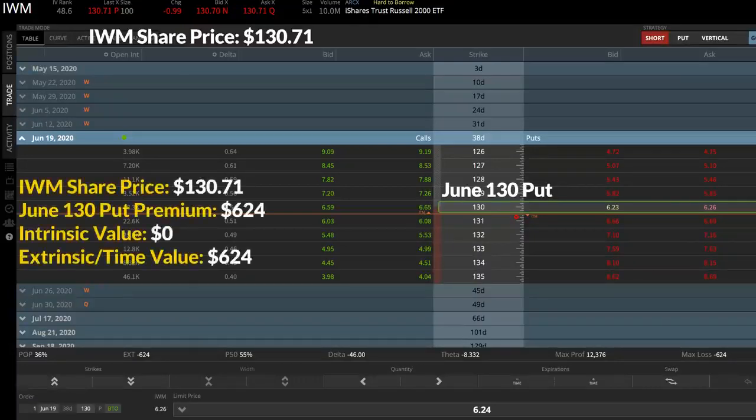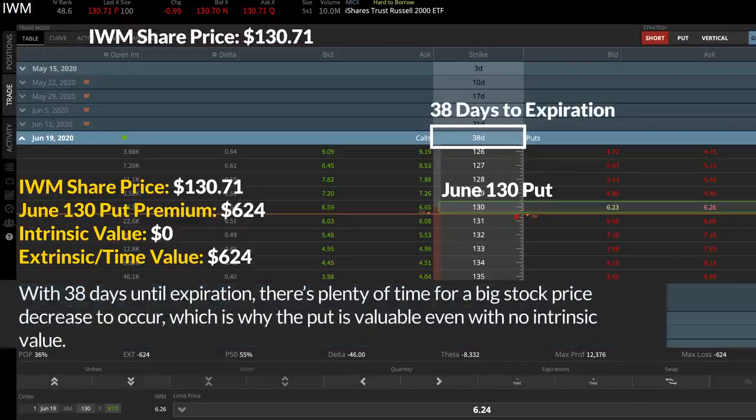The reason that the put option was worth $624 is because it had over 30 days to expiration, and in a 30-day time period, especially right now during the coronavirus pandemic and the market volatility that we're seeing, there is certainly a good possibility that IWM falls significantly, and for that reason, that 130 put option would become significantly intrinsically valuable. And that's exactly what we saw happen.